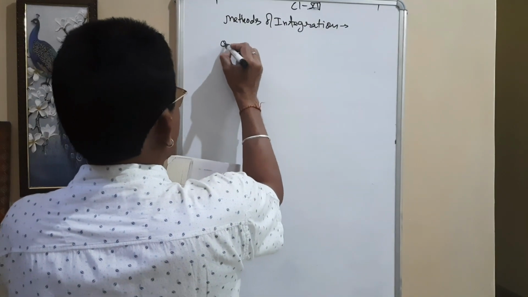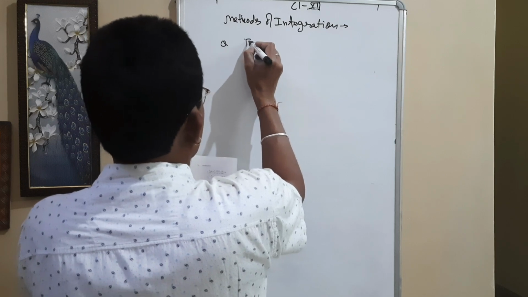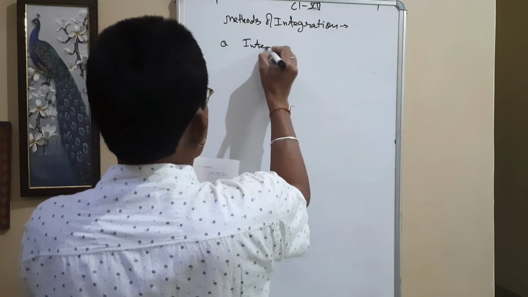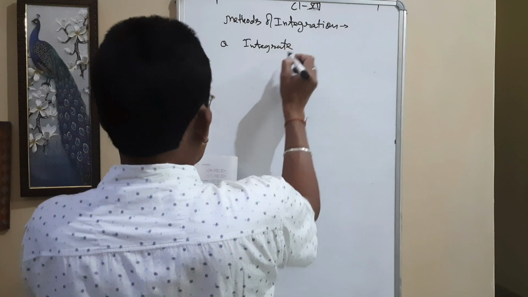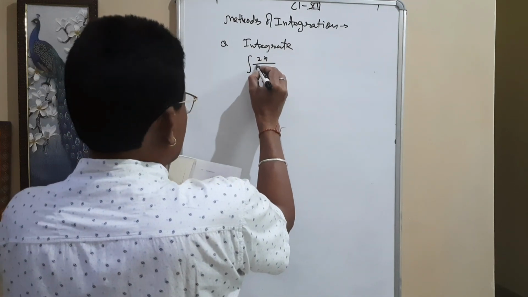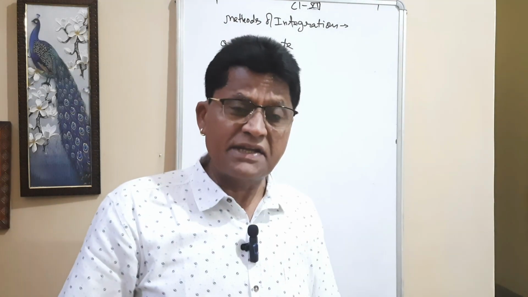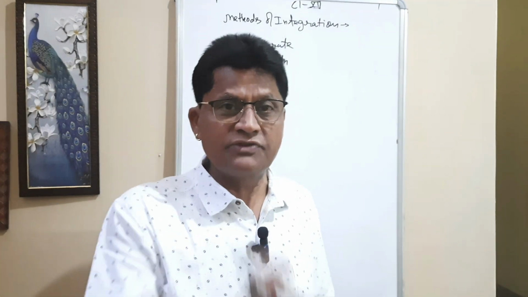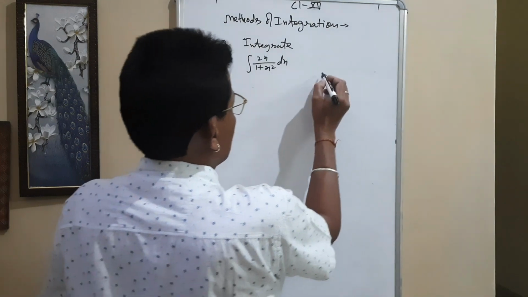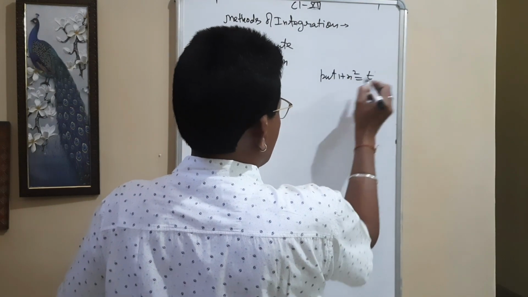First of all, question number 1. In exercise 7.2, my dear student, you can see, integrate. What integration? 2x upon 1 plus x square. Simple questions first of all I will tell you, by the substitution method. At every step you will have to use this method. That is why try to understand. First of all, put 1 plus x square equal to t.